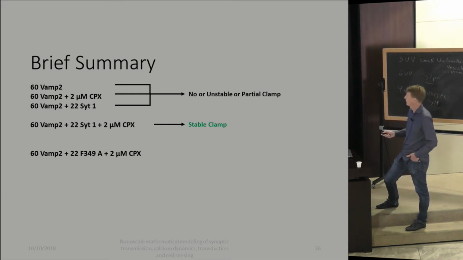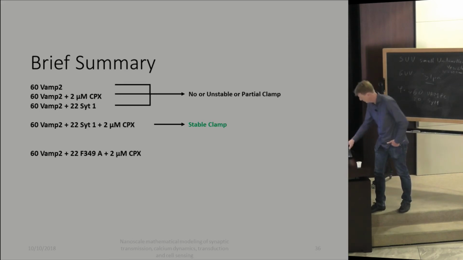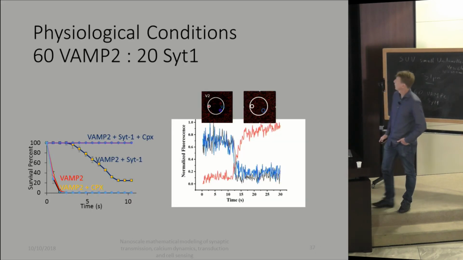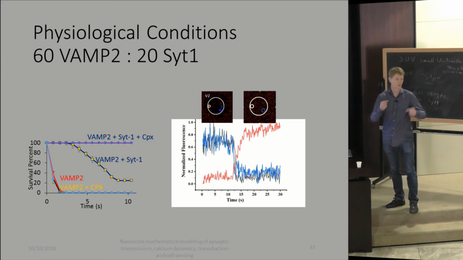I'll go into the detail right after. If you put everything together, meaning 60 VAMPs, 22 synaptotagmin, and 2 micromolar of complexin, then there's a stable clamp. I'm not going to talk about the last one, which is a mutant of synaptotagmin. So what happens? If you look at the survival function, meaning what fraction of the vesicles remains clamped after a certain time.